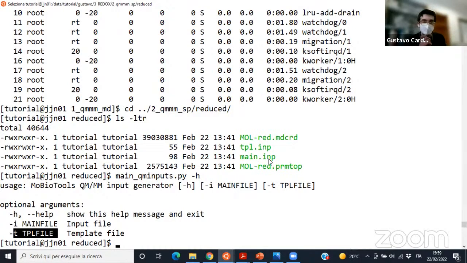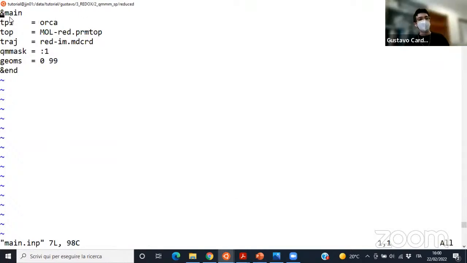Let us take a look at each one of those. The main input file is introduced with this ampersand main, then end. Here you have these different options. You will have to tell it what software you are going to use for the quantum mechanical calculations.